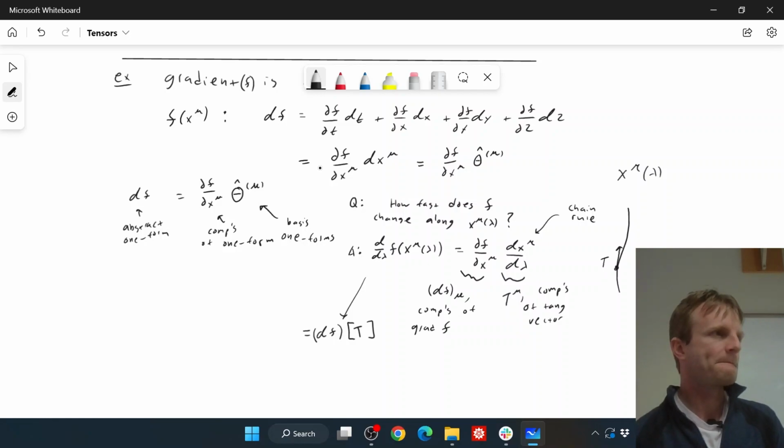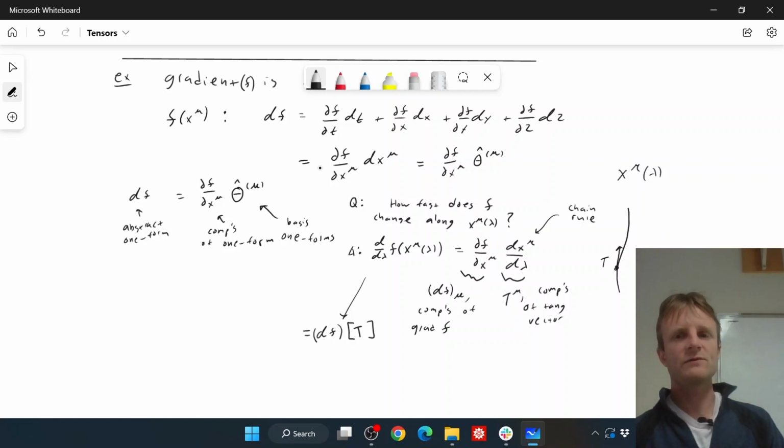Yes? You were saying something about how the gradient tells you how it changes along some distance. Where does the notion of the distance come from? I shouldn't really have said distance if I did. Right now, it's all this function x mu of lambda.